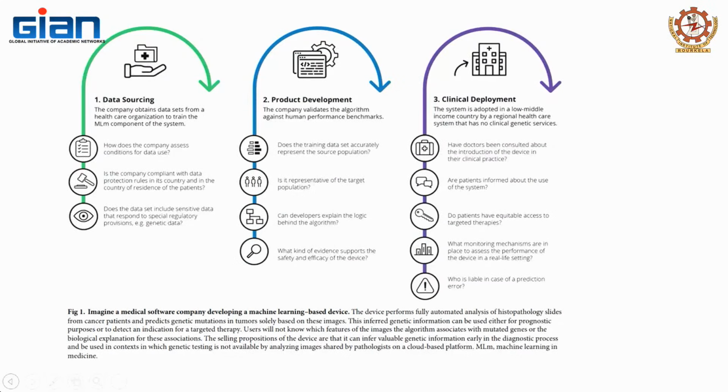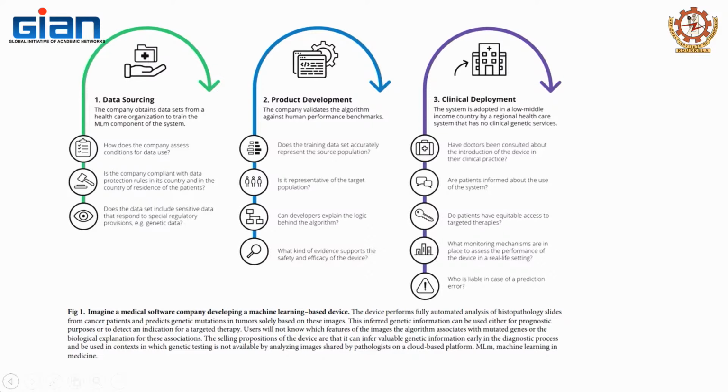The US has its own rules, the EU has its own rules, India also has its own rules. Within that, we need to ask if the data set acquired for model training and validation includes sensitive data, PHI, that responds to special regulatory provisions, such as genetic data, for example.